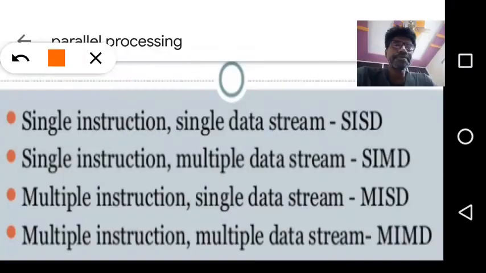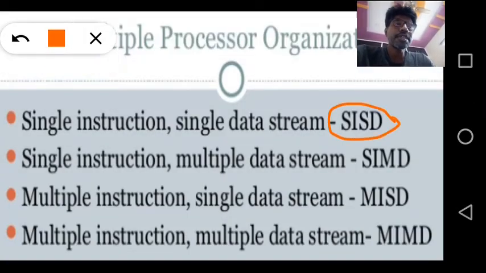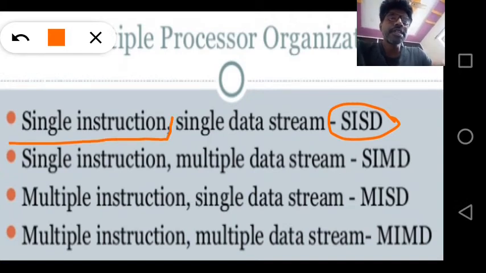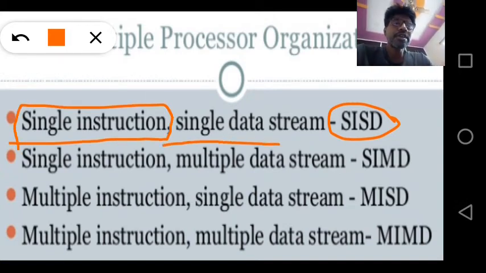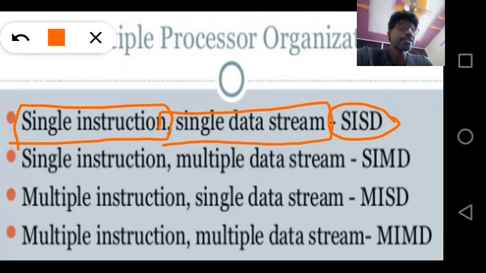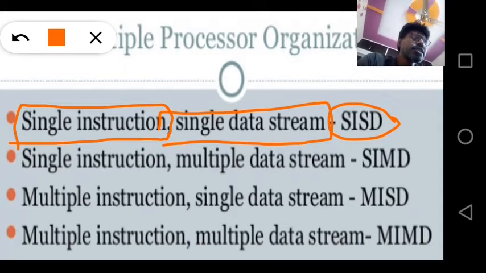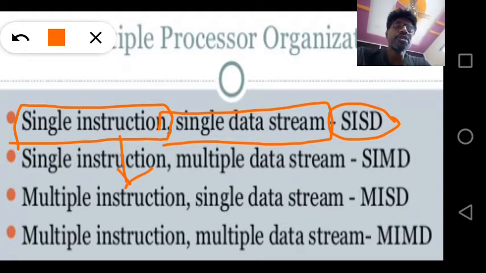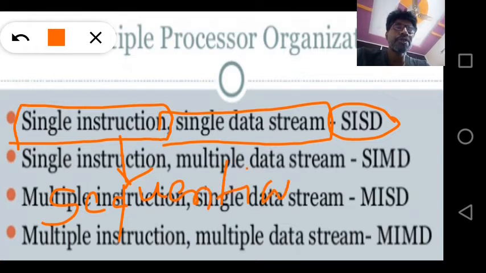The first one is SISD, single instruction and single data stream. The single instruction and single data stream is a technique which is very much similar to sequential processing or sequential computing.